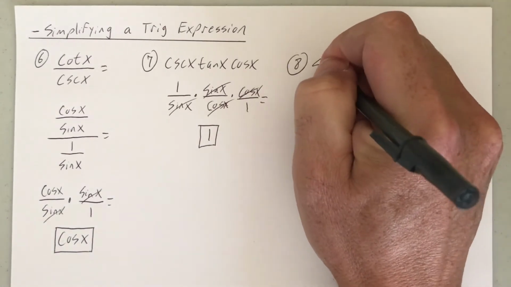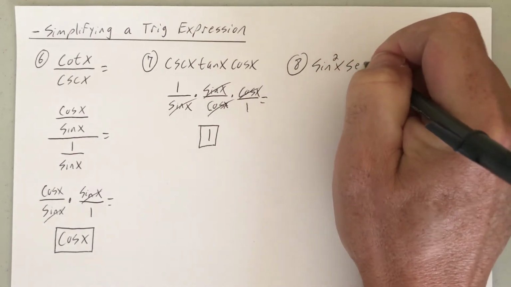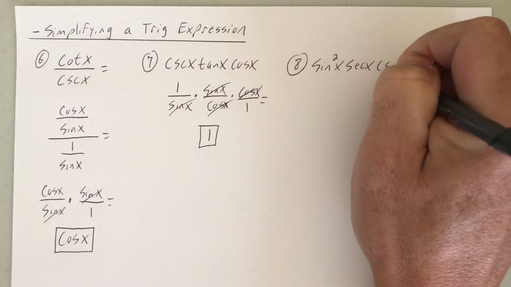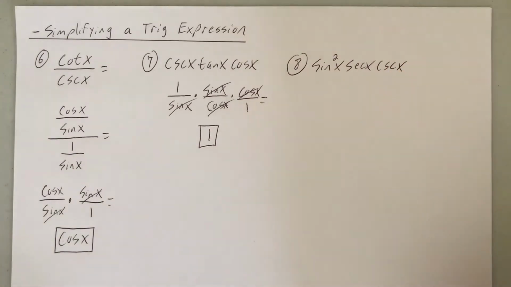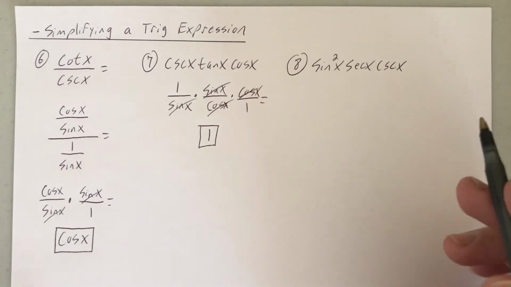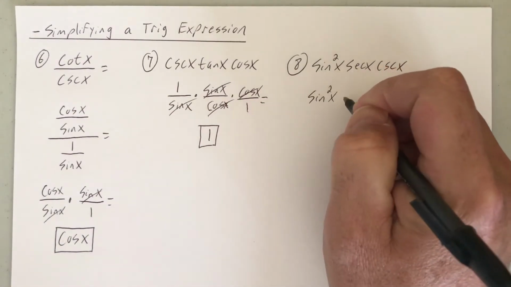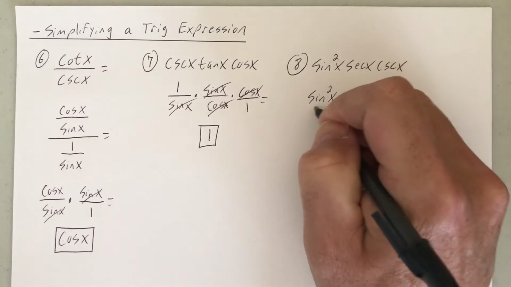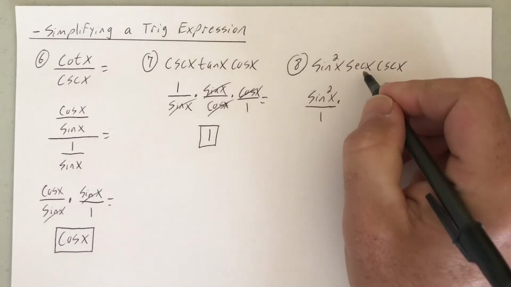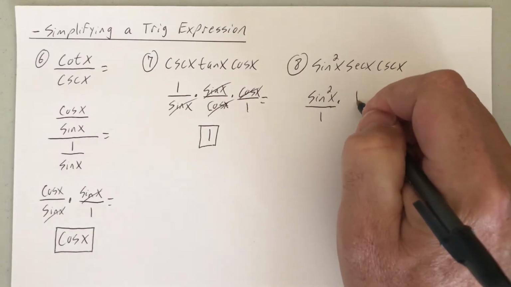So we got sine squared x times secant x times cosecant x. So again, working on this same strategy, we're going to go ahead and change everything to sines and cosines. Well, we already have a sine squared x, so there's nothing to change there. Times, I'll put this over 1 to line everything up. Secant, the reciprocal is cosine, so 1 over cosine is going to be the identity.